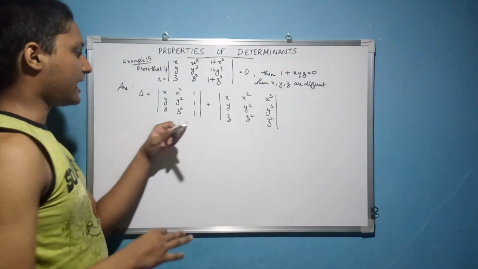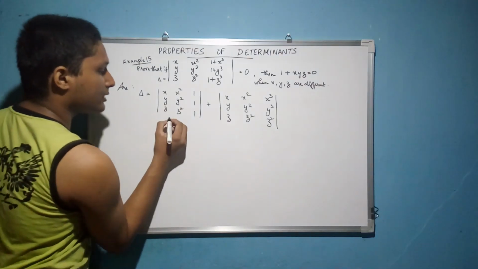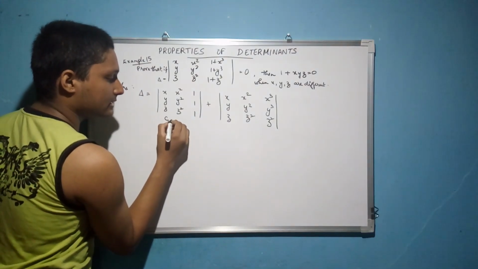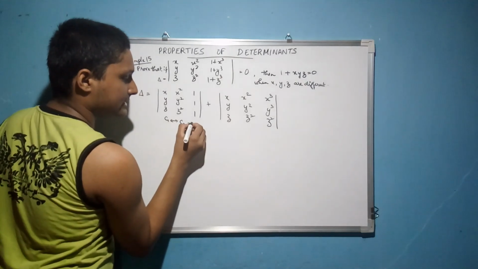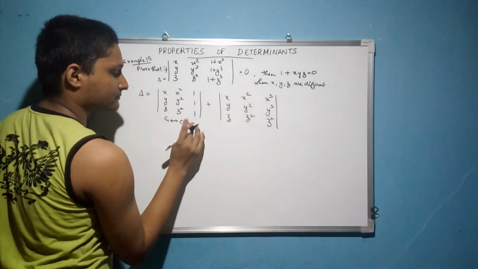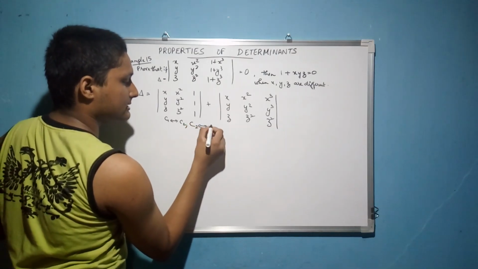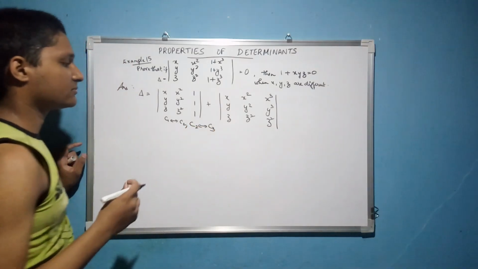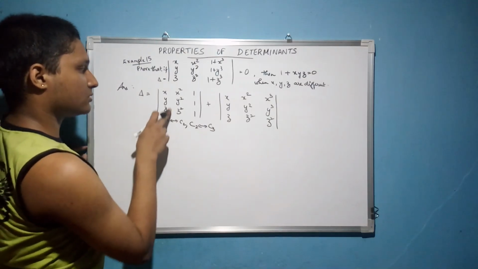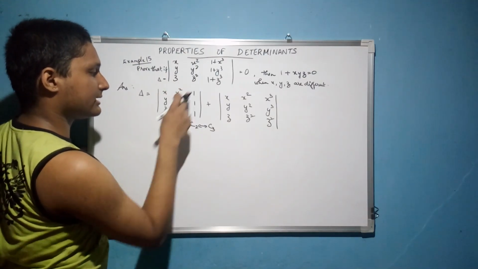Now I have one more property. Here I am going to apply C1 interchanged with C2, and C2 interchanged with C3. I want this to go to the right hand side.